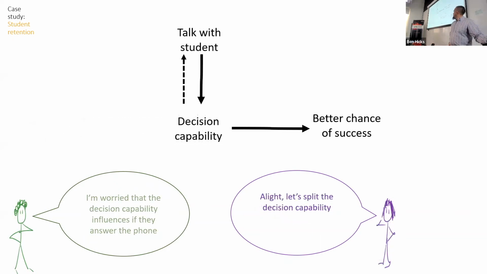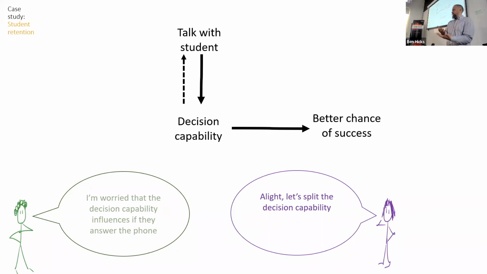Here, however, there's a little bit of a feedback loop because we're worried that the decision capability is also affecting the chance of talking to the student. And this is where the formal constraints of the DAG start to influence what these two people are doing in this conversation. The constraints of the DAG are that it's acyclic.